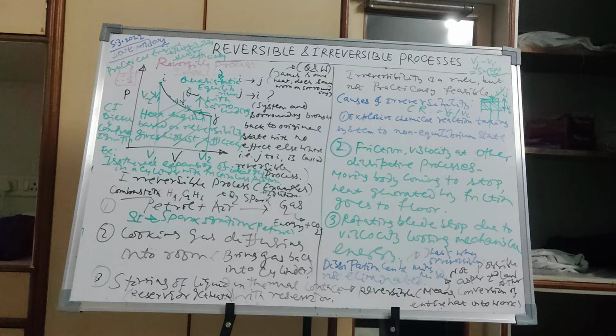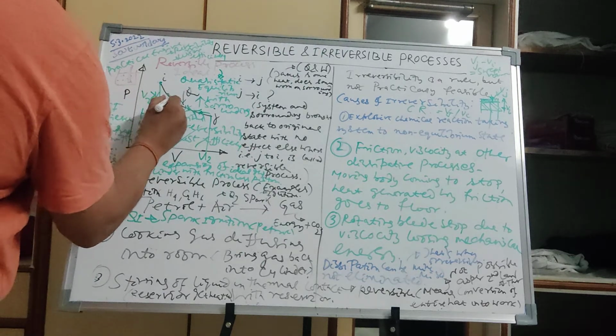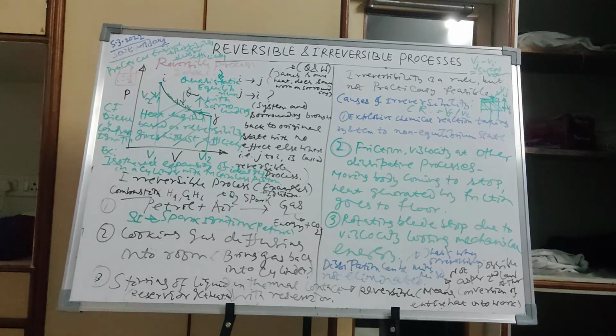When it is happening within no time, you are not allowing the system to go slowly. Equilibrium can only be achieved if you do it slowly. That is called quasi-static, an infinitely slow process.